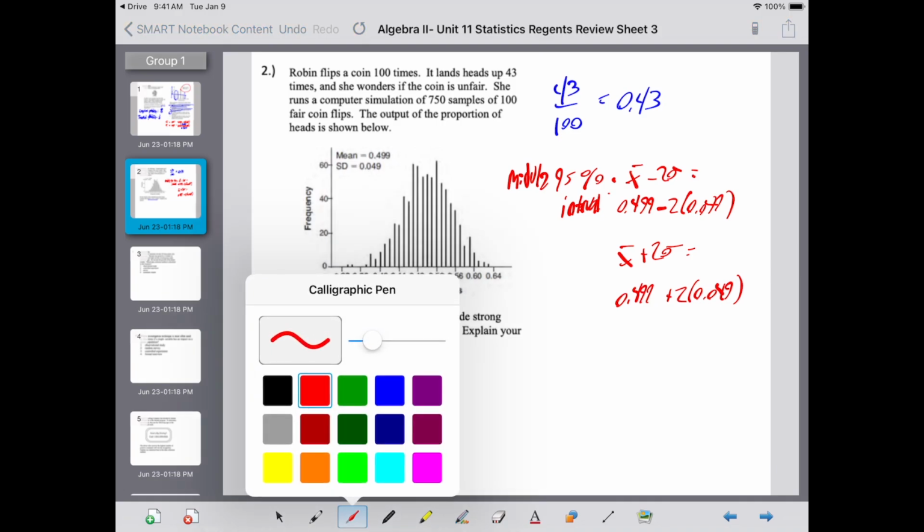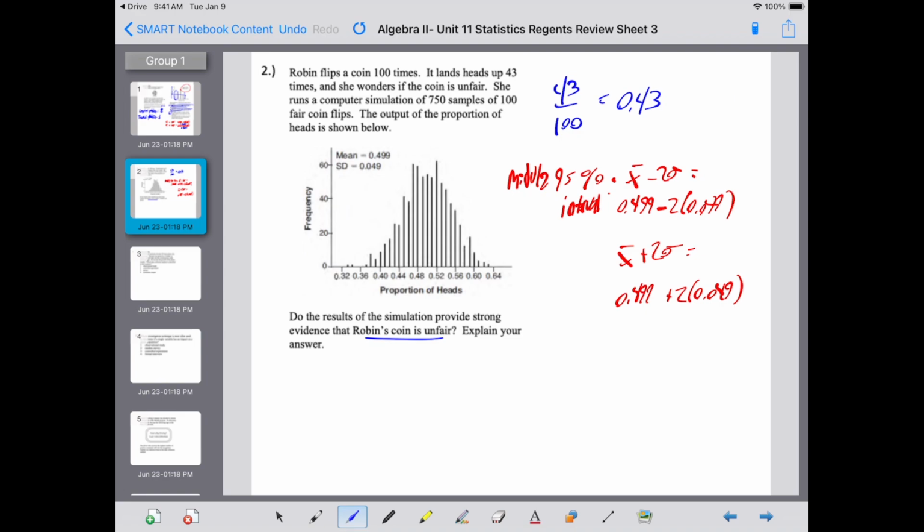Okay. You would get 0.401, 0.597. Does 0.43 fall within that middle 95%?